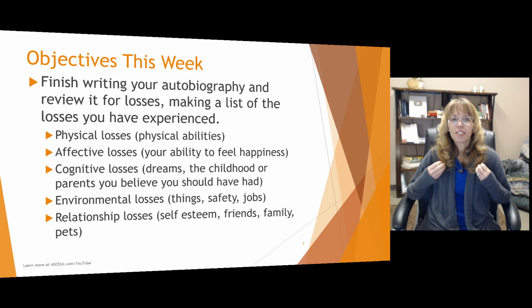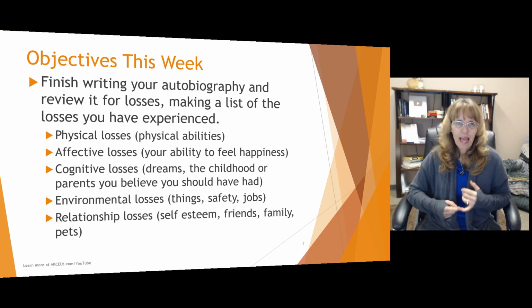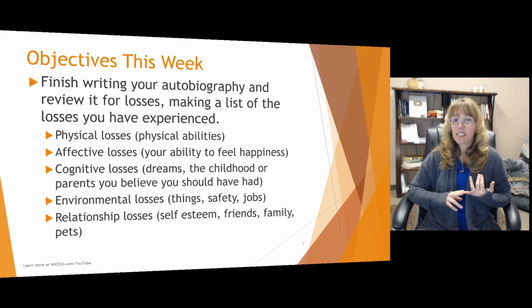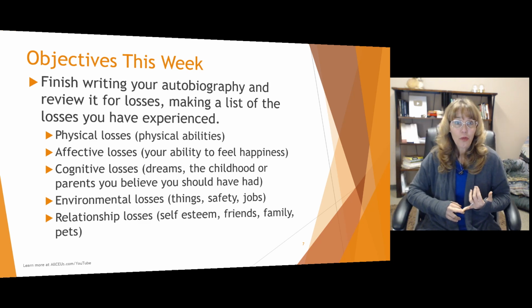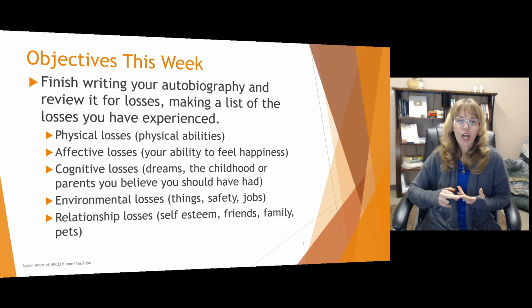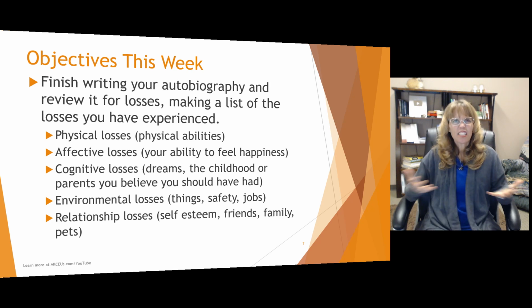Additionally, the person is going to finish writing their autobiography and review it for losses, making a list of the losses that they have experienced. And these can be losses in any of the PACER areas, losses of physical abilities or health, loss of their ability to feel happiness, loss of dreams, the childhood or parents they believed that they should have had, environmental losses, like losses of things.